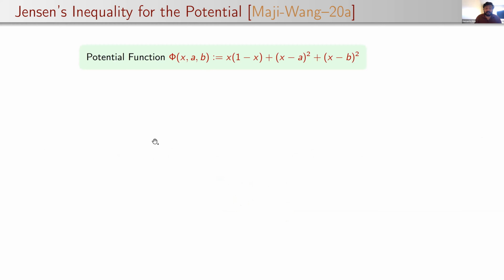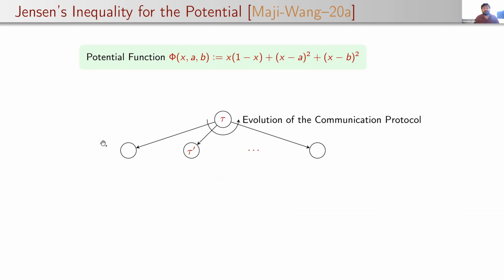So we have this potential function. We have a partial transcript tau, and there are various possibilities that this transcript can evolve into. Suppose the protocol evolves into partial transcript tau prime. At tau prime, we have a potential of x of tau prime, a of tau prime, b of tau prime.